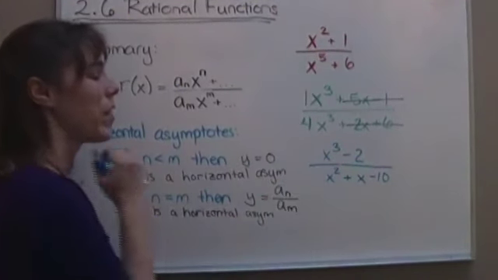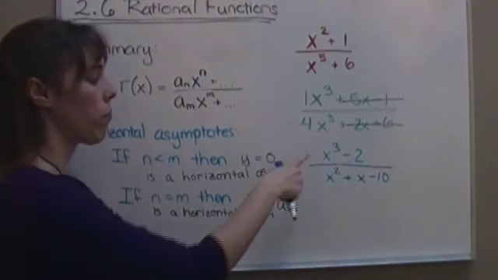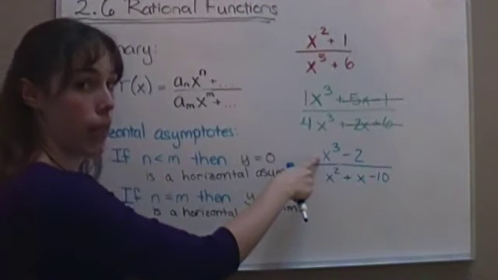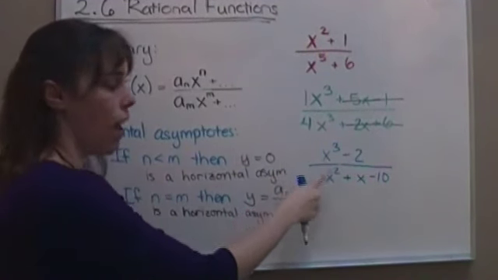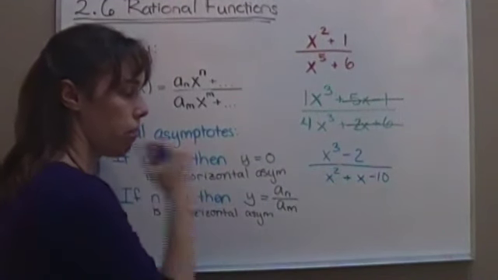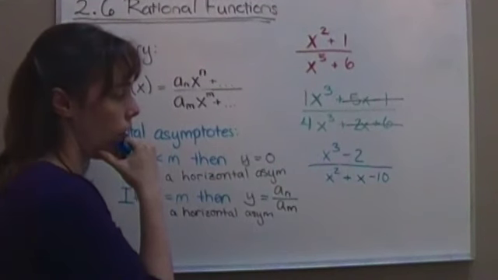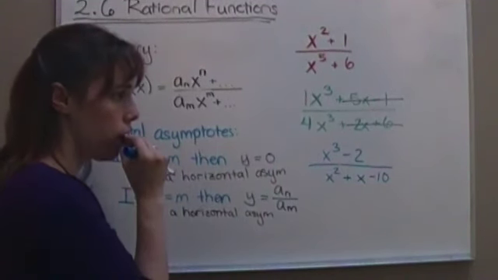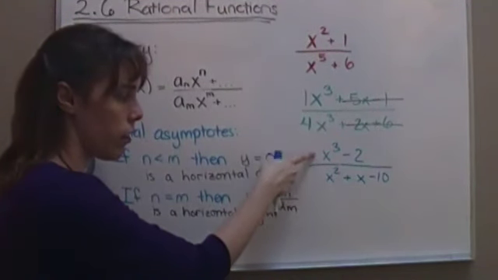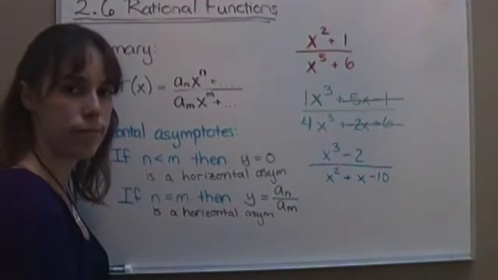Let's look at this one. Say I plug in a really big number, like 1,000, like we've been doing. I've got 1,000 cubed, that's 9 zeros, a billion. And I've got 1,000 squared, that's a million. I cancel those. I had 6 zeros here, 9 zeros here. I cancel them, I get 1,000.